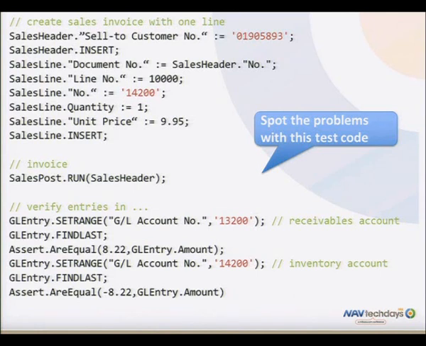Even though this might seem a straightforward test function, there are quite a few problems with this code. I challenge you to find them. We will get back to it later, and I will just say that there are at least 6 problems with this fragment of test code.